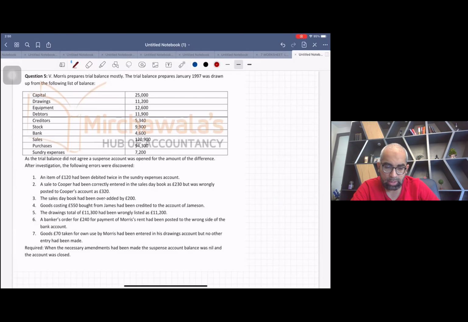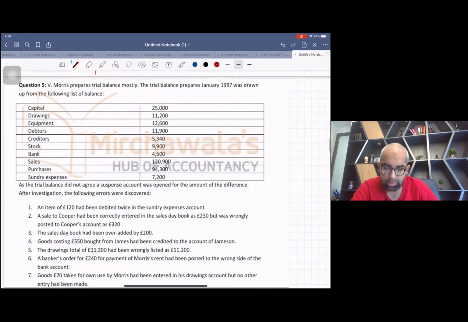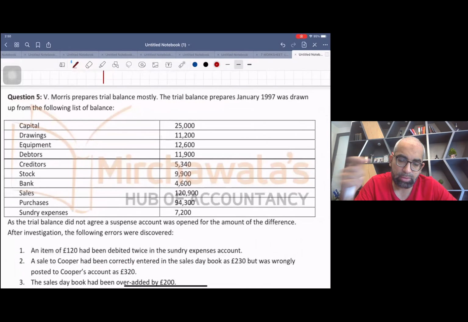So first thing, check it out. This is the first part of the question. V Morris prepares the trial balance. The trial balance prepared in January 1997 was drawn up by the following. You have debtor balances, and now you need to make a trial balance.